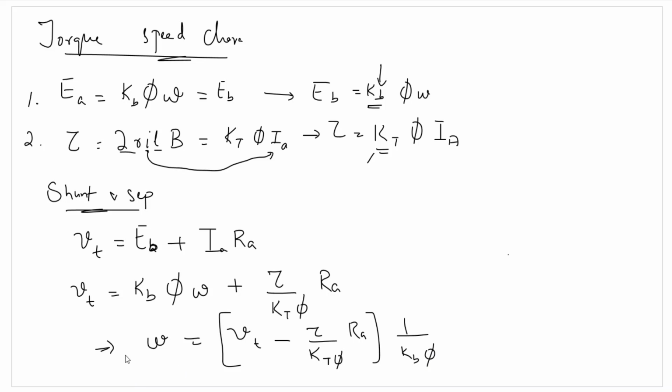So this is the equation that will relate omega and torque in case of a shunt and a separately excited DC machine. This can be further solved, and we'll get omega is Vt by Kb phi minus Ra by Kt Kb phi square times tau.